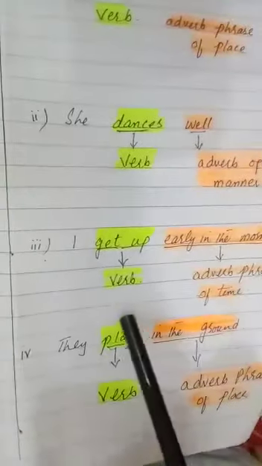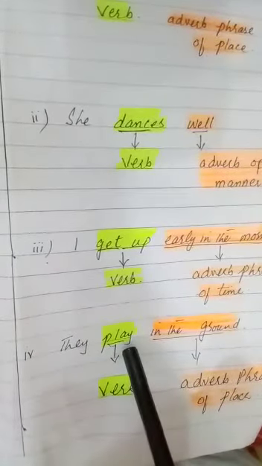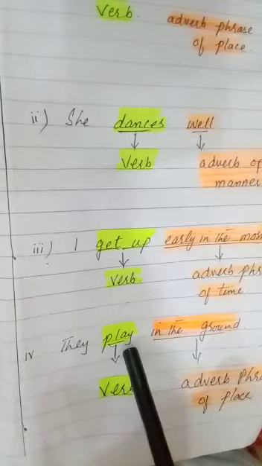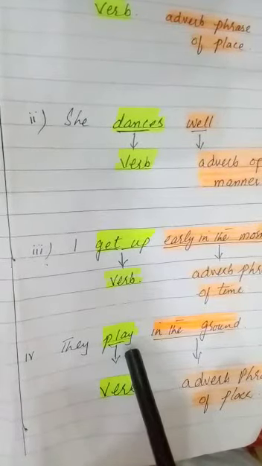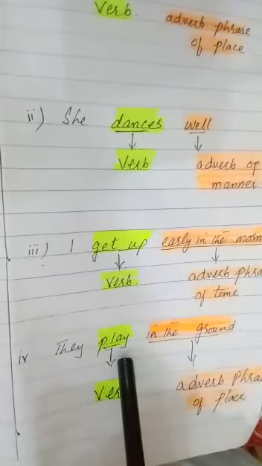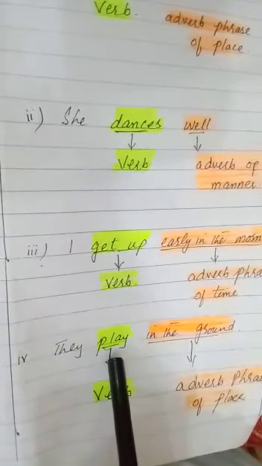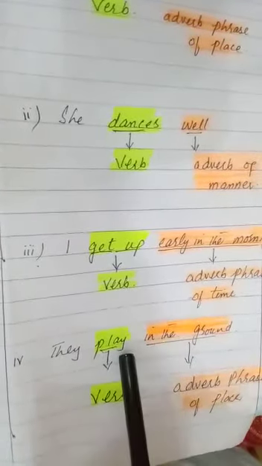Okay, if I ask you whether play is transitive or intransitive, we cannot say until it is used in a sentence. If I say they play in the ground, that is intransitive.